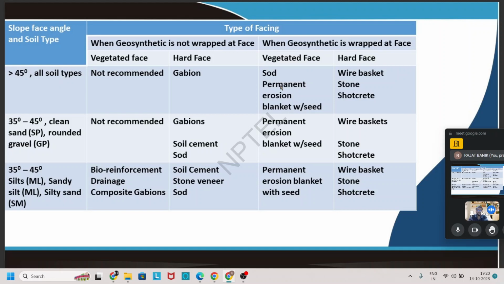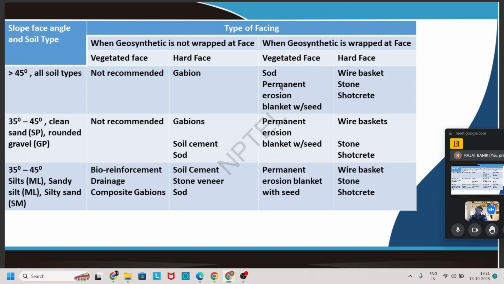For hard face, we recommend gabions, soil cement, and riprap. And when the geosynthetic is wrapped at the face, for vegetative face we use the permanent erosion blanket with seeds, and for hard face we use wire basket, stone, and shotcrete.